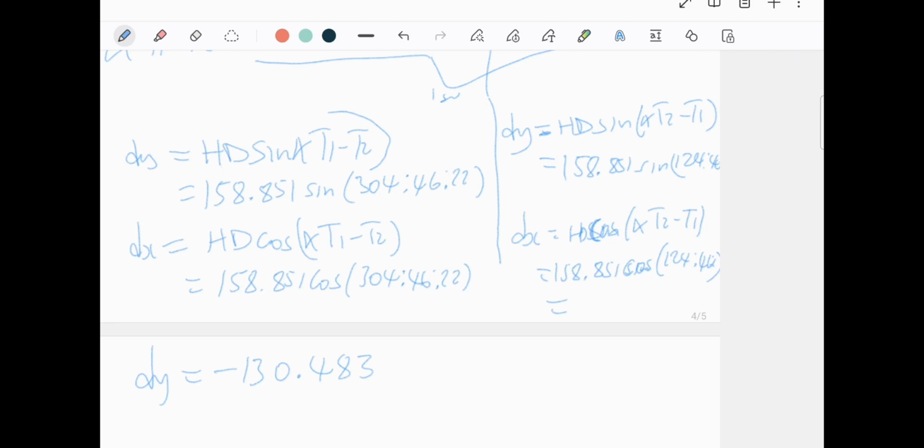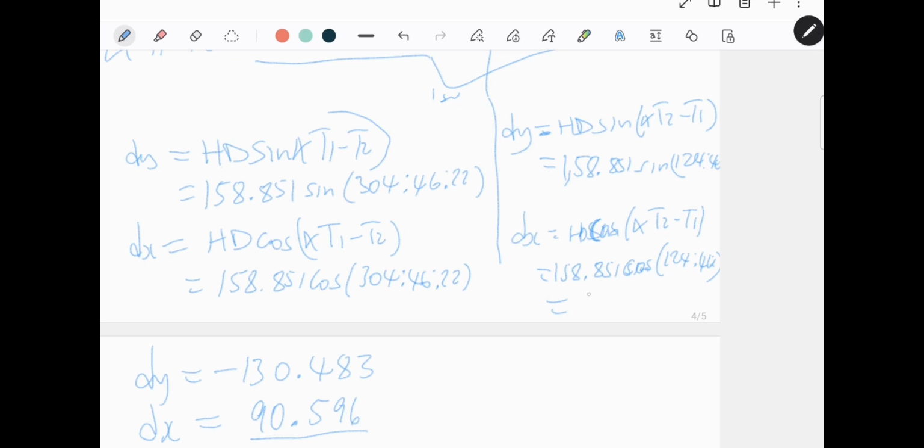Okay, for dx we're getting 90.596. Then on that side you're going to get the same numbers but opposite sign.